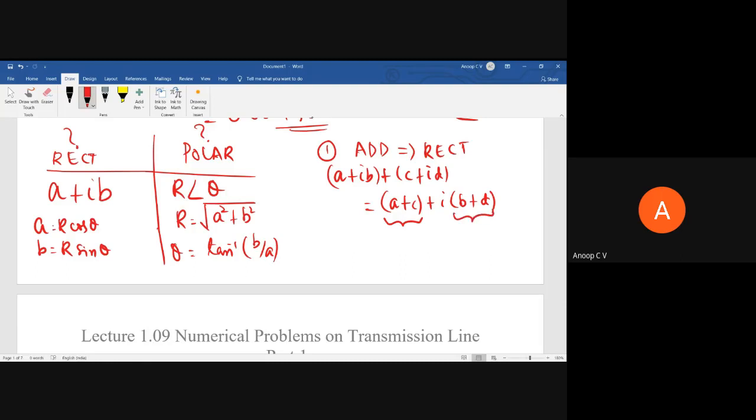If it is to add, you can straight away write it in rectangular form. But my next question is, if you have to multiply, divide, find a square root, or find an inverse, in which form do you have to write?